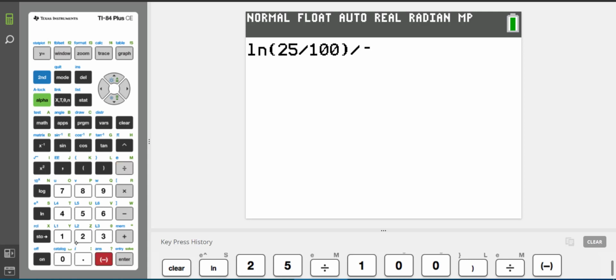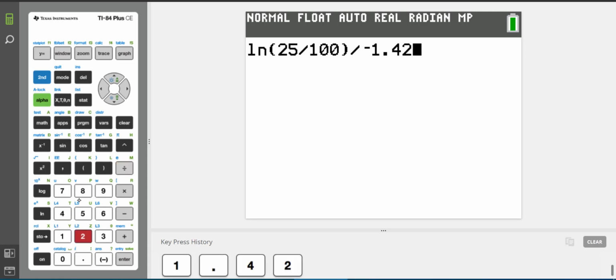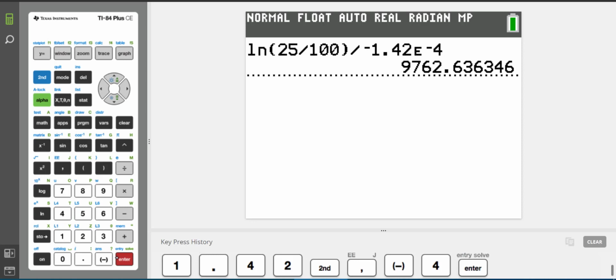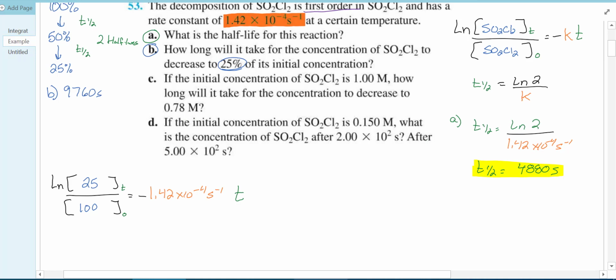Divide by negative 1.42 times 10 to the negative 4th. I get t to be 9762 seconds. And I only have 3 sig figs, so that's 9760 seconds, which is the same. So you get the same answer. Not that much longer, but longer.